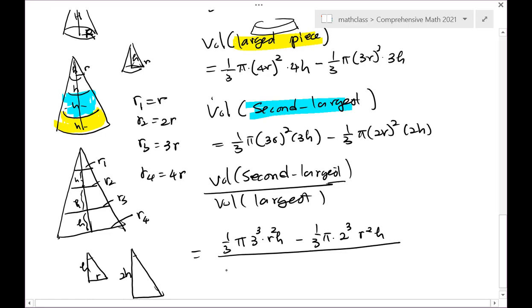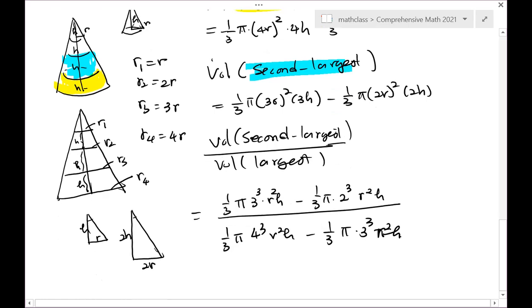The bottom part is 1/3 pi 4 cubed r squared h minus 1/3 pi 3 cubed r squared h. After you simplify it, you will get 3 cubed minus 2 cubed over 4 cubed minus 3 cubed. Okay. So that would be the answer.